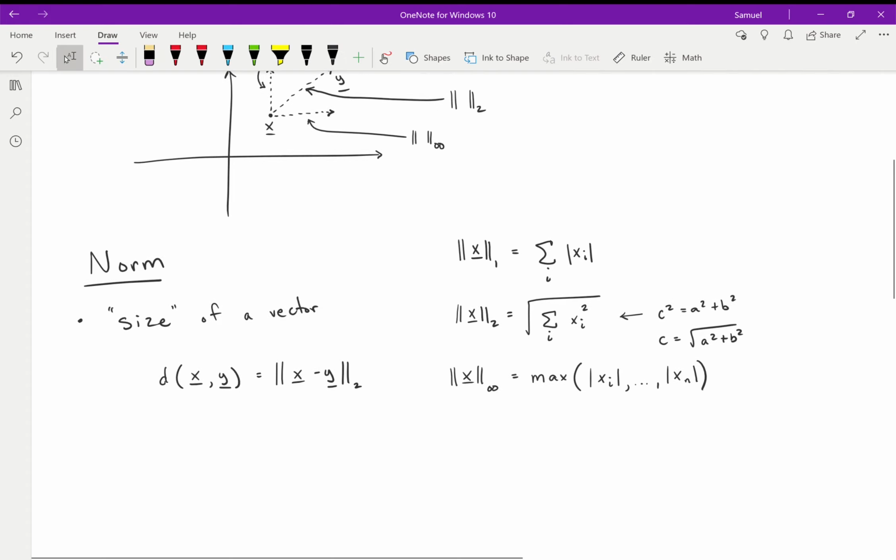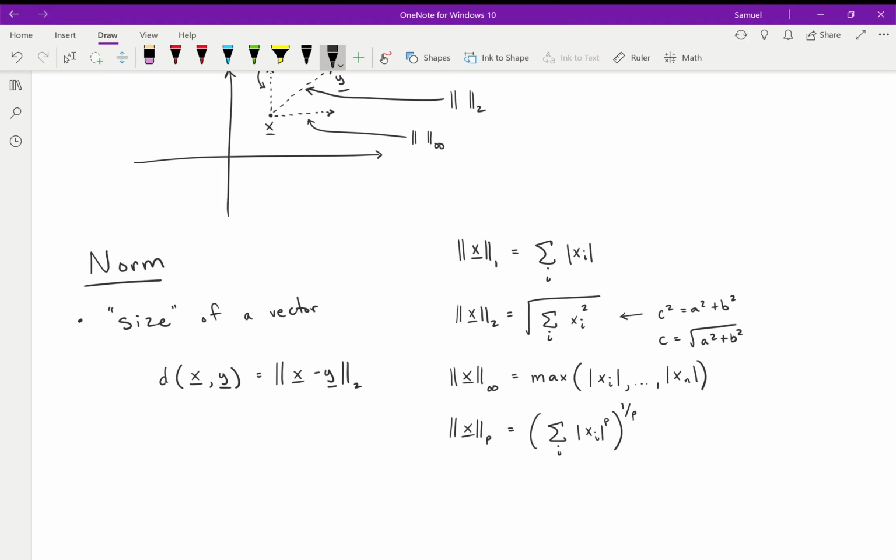So our general formula for what we would call a p norm, where p equals 1, p equals 2, p equals infinity, is the sum over all of our components of the absolute value to the p, and then we take the whole thing to the 1 divided by p.